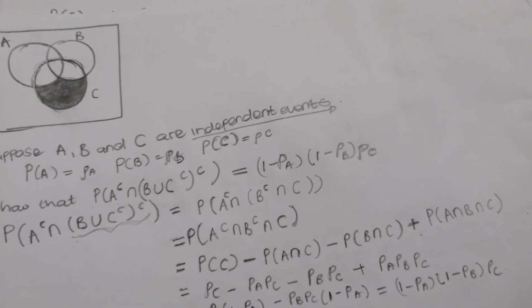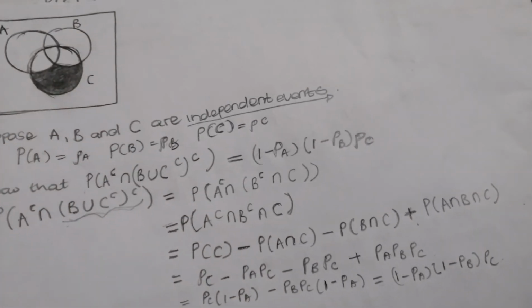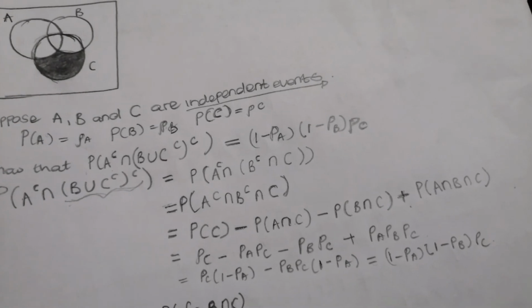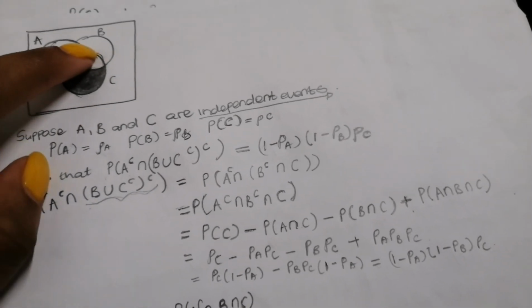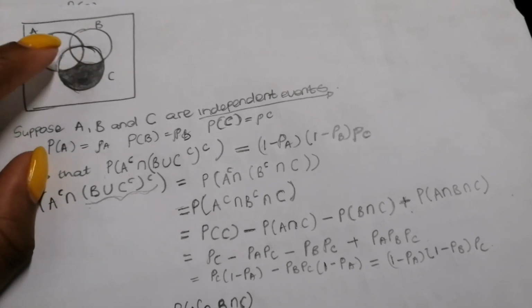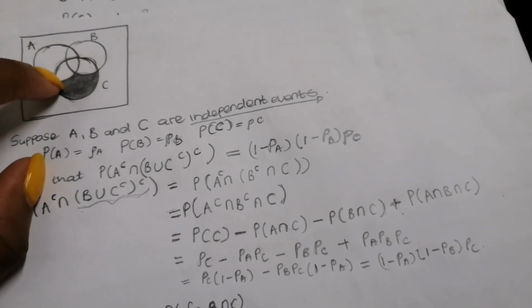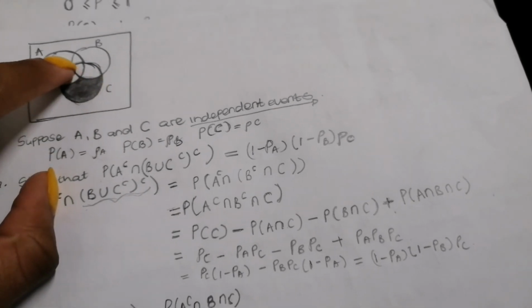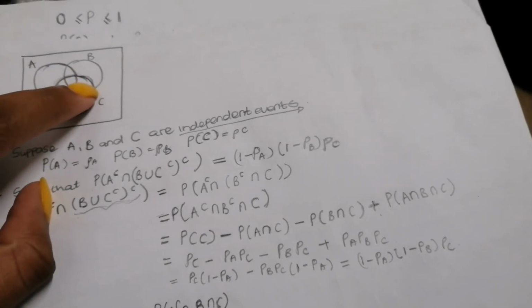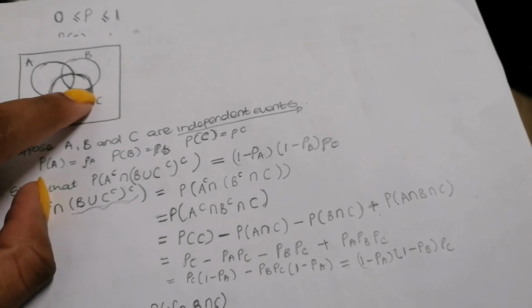So you can say now, okay, it is going to be the probability of C minus the probability of A intersect C, which is this part, minus the probability of B intersect C, right?